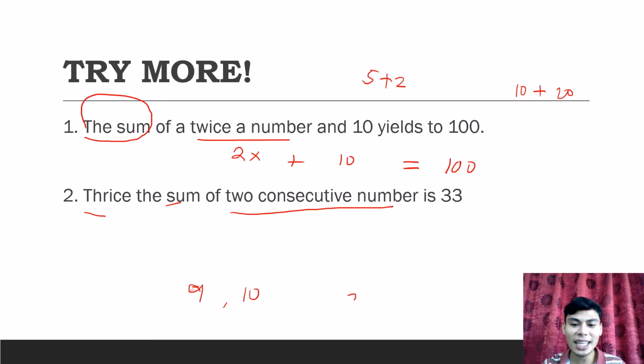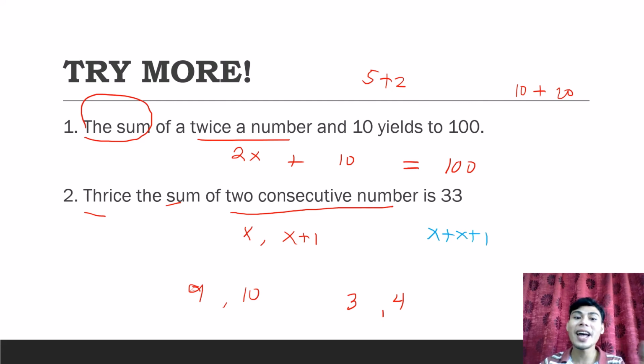If we have 3, what's the next? 4. Ganyan. So, since we do not know the number, I have discussed this in my first video, let's use x. x for the first number, then x plus 1 for the second number. But we are looking for its sum. So, i-add daw muna natin. So, let's use another color. So, x plus 1.